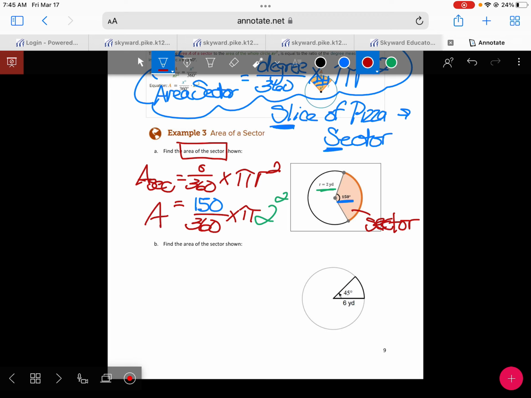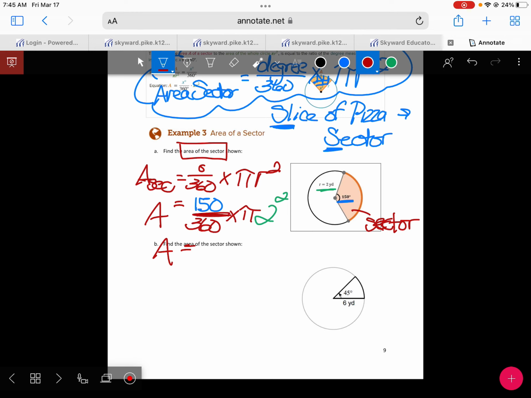A sector looks like a slice of pizza. So everybody grab your calculators. Take 150 divided by 360.